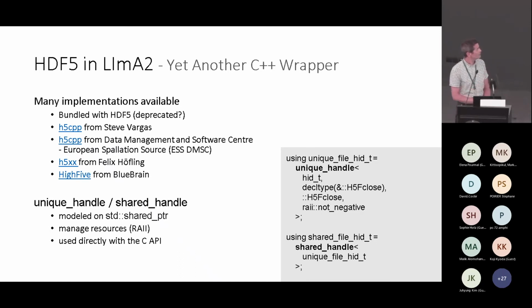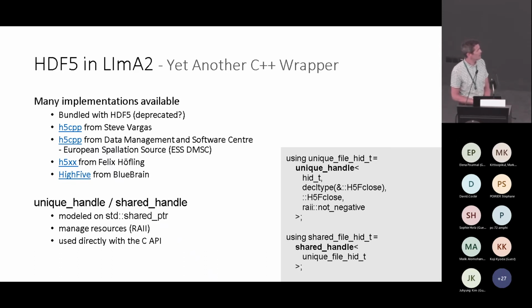Then we have the one from Steven Vargas. I don't know if he will be presenting his library in this meeting. We have another one from ESRF DMSC, H5XX, that will be presented here tomorrow. And so in the end, we decided to go a much simpler way.